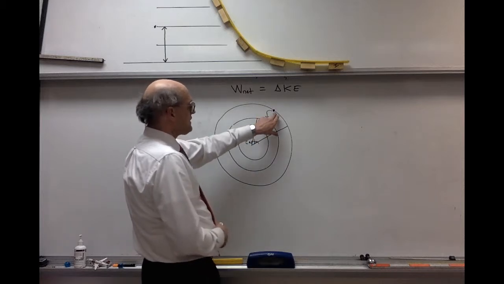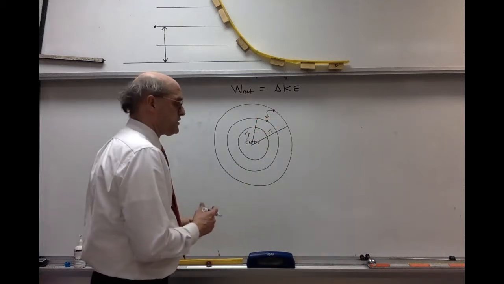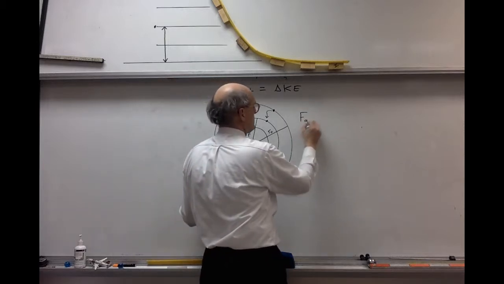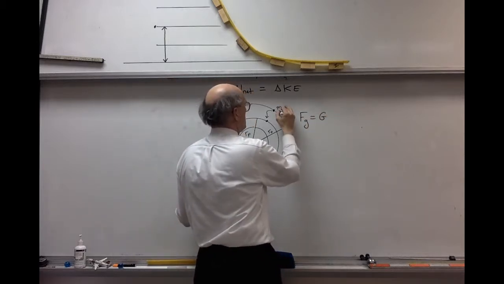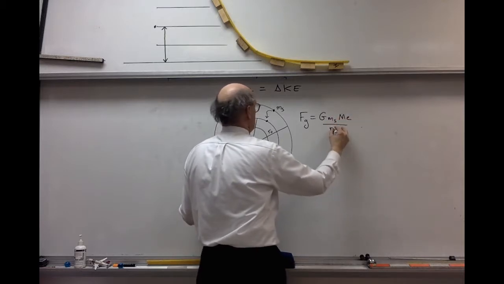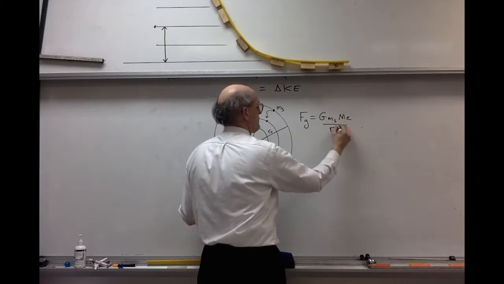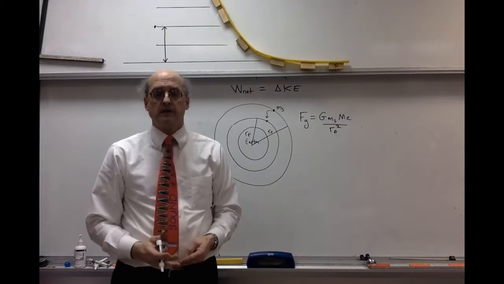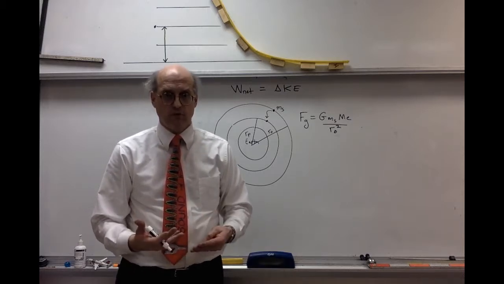So for the speed of the satellite in the outer orbit, we can use Newton's universal law of gravitation. The force of gravity provides the necessary centripetal force.